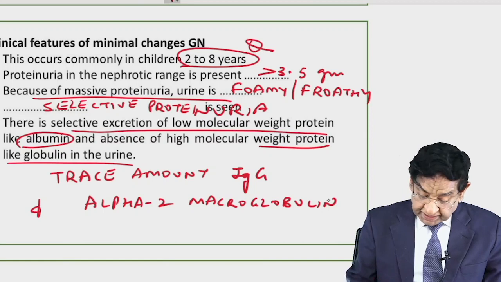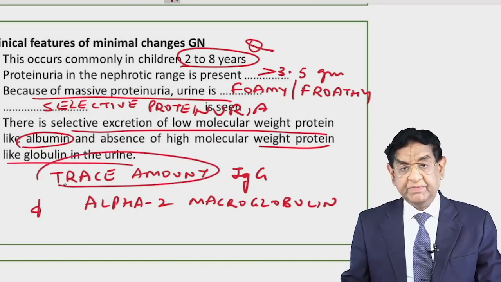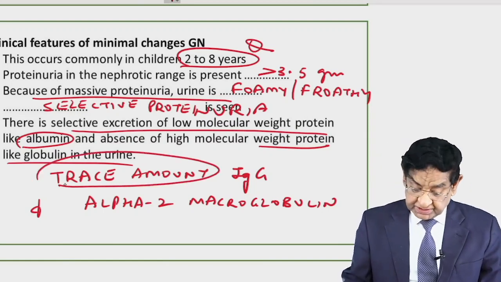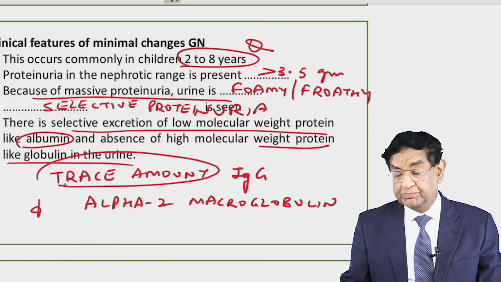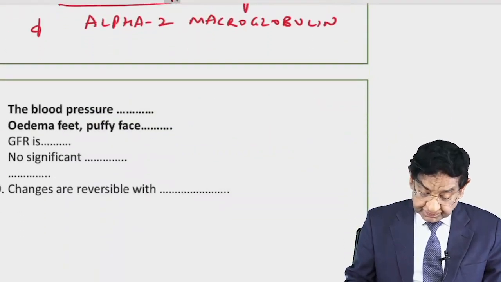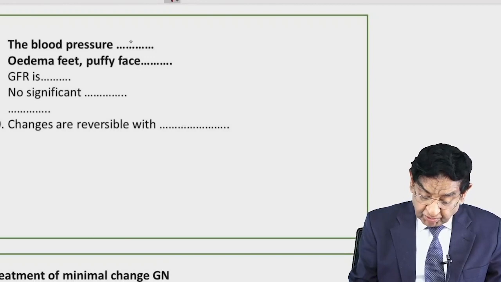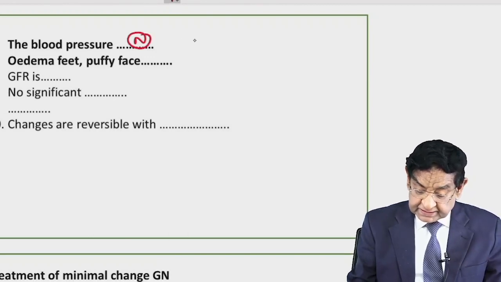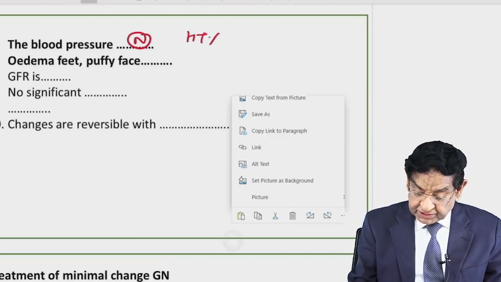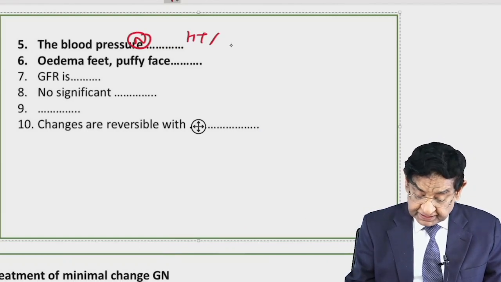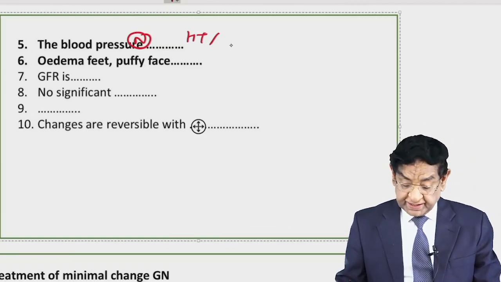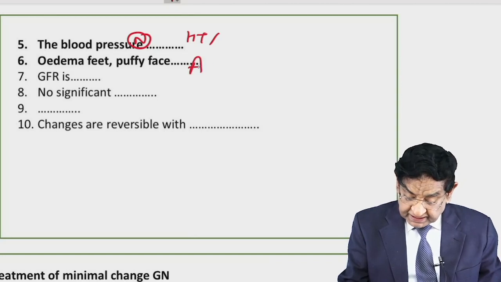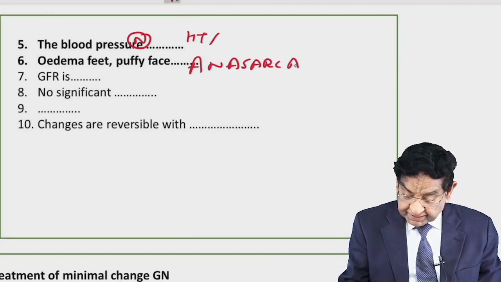But remember, they are only trace amounts, very minimal, not too much. By and large, selective proteinuria means albuminuria. BP is normal in this case. That means hypertension is not a feature. Edema of feet and puffy face, and generalized anasarca can be there.